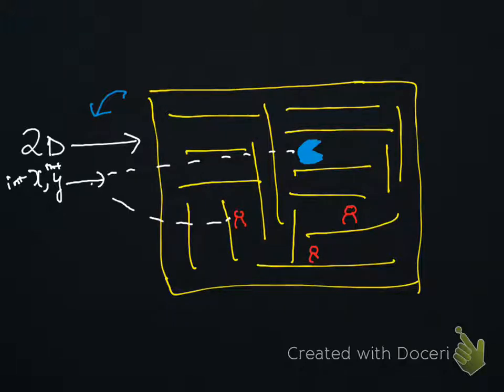Then I need something to store the locations of the ghosts, and then I'm probably going to make some functions which account for whether the Pac-Man and ghosts are at the same place or not in this two-dimensional matrix, and so on and so forth, which again makes the picture quite complicated for me.